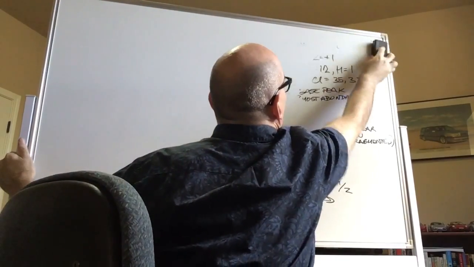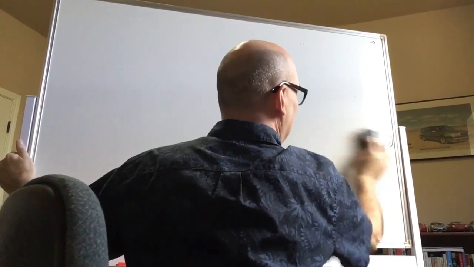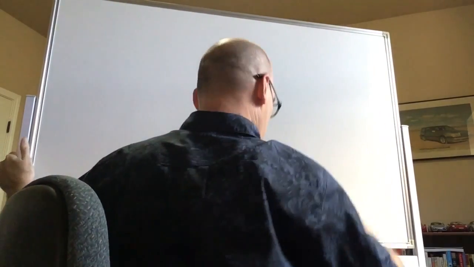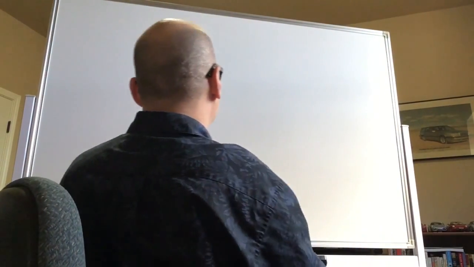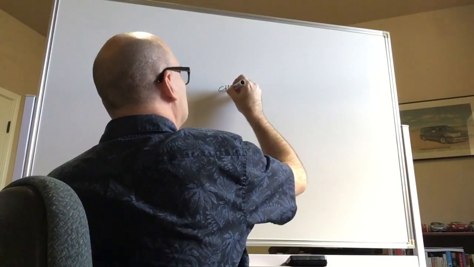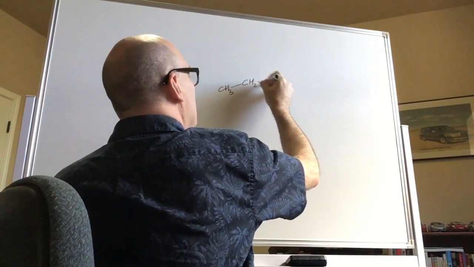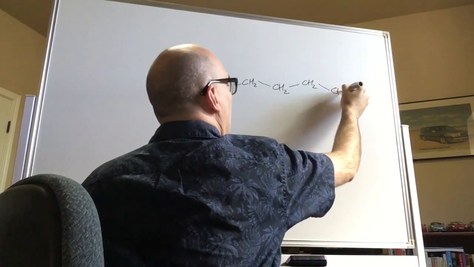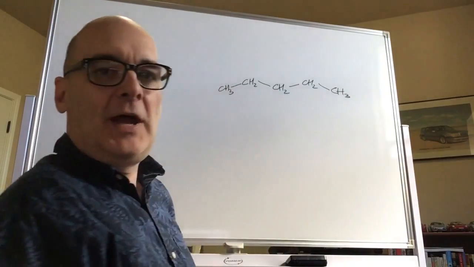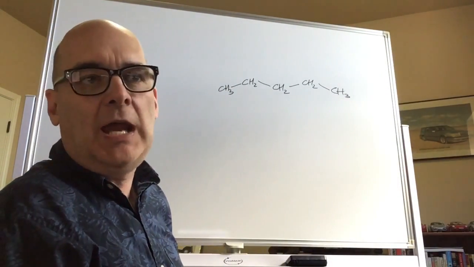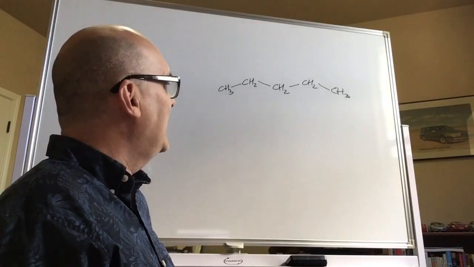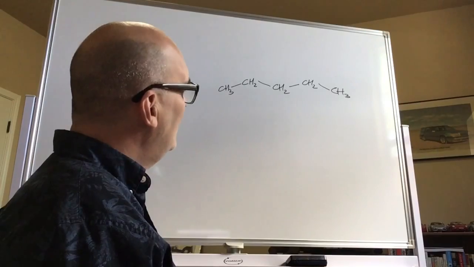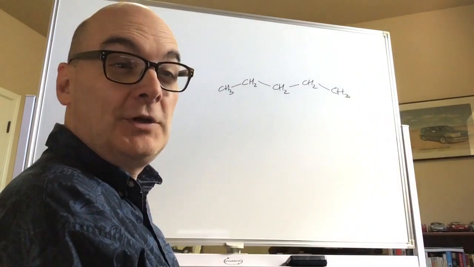Okay, so let's start thinking about smashing these molecules to pieces and what that would look like. If I had a long chain alkane, this is only a small molecule, but it's just a chain, there's not really much that can go on here.